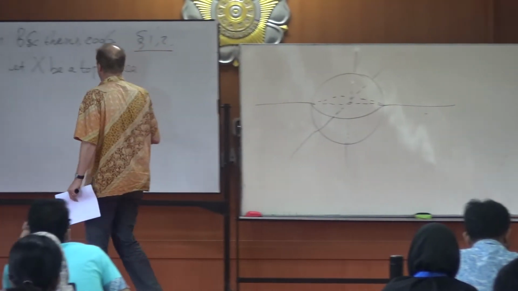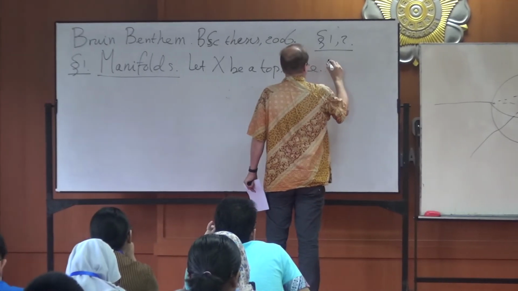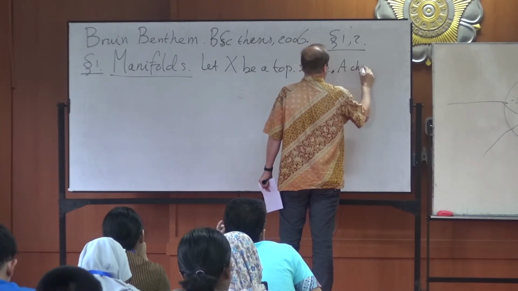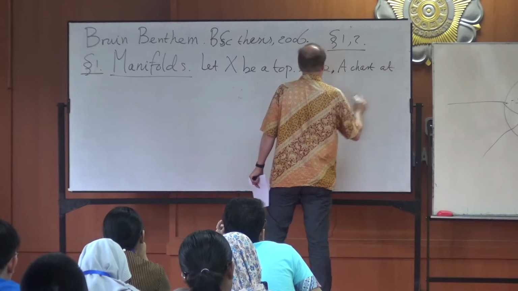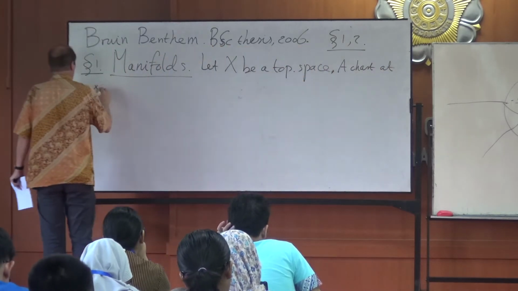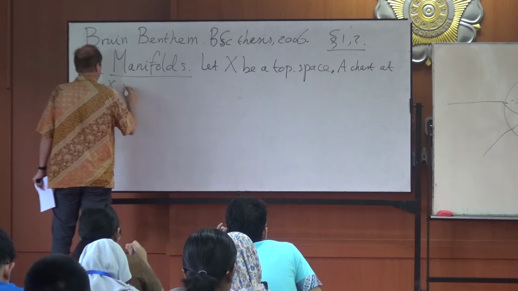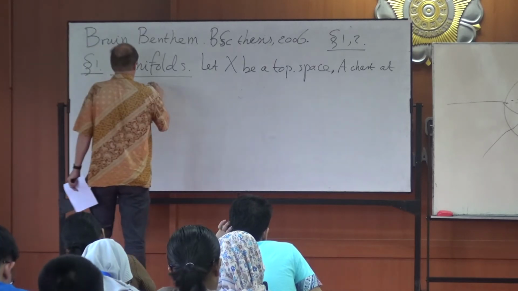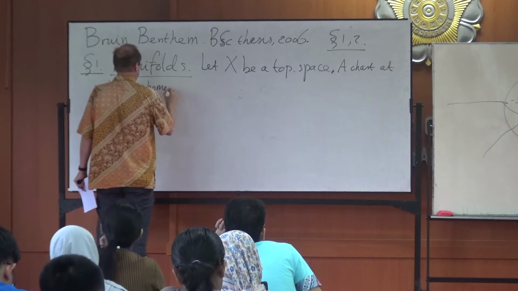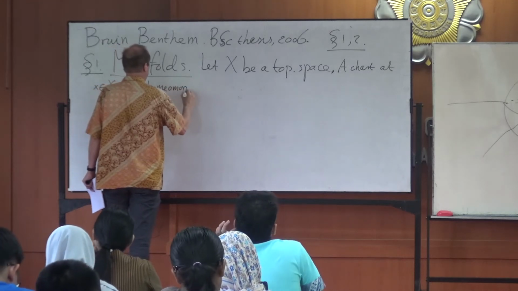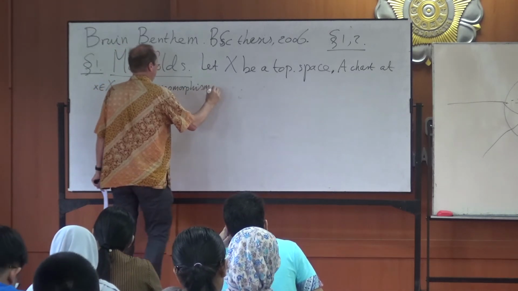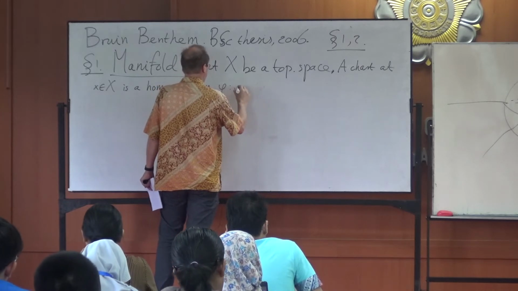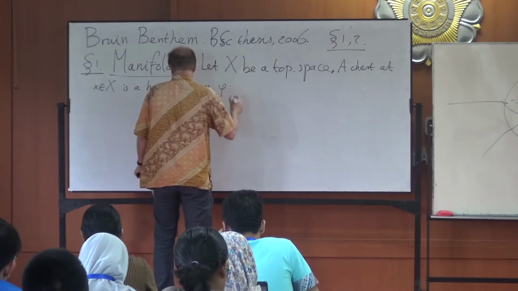So X a topological space, a chart at a point X in X is a homeomorphism phi from Ux to Vx.